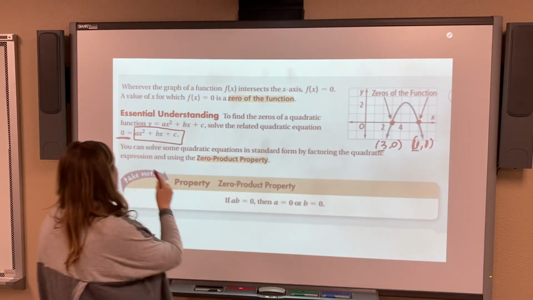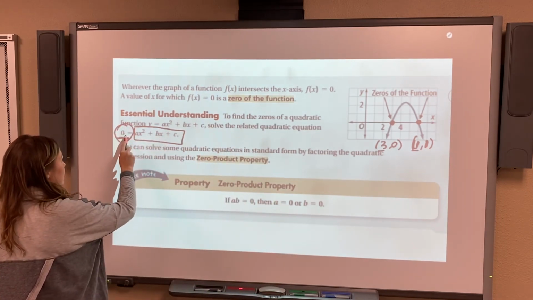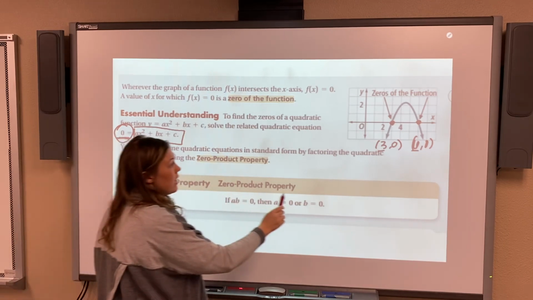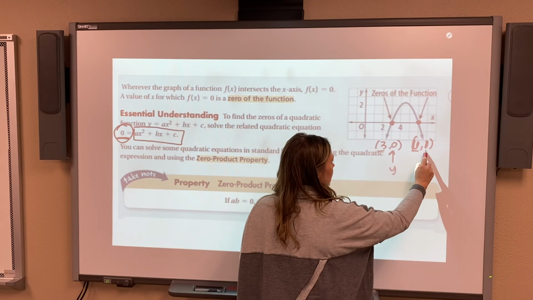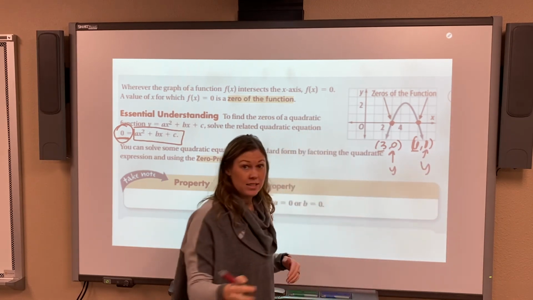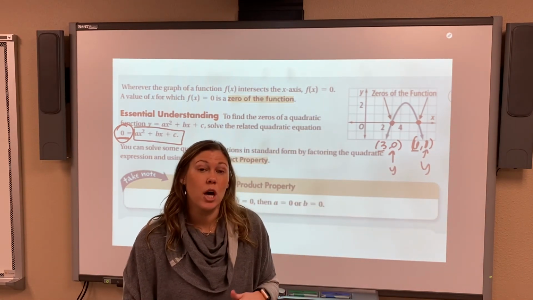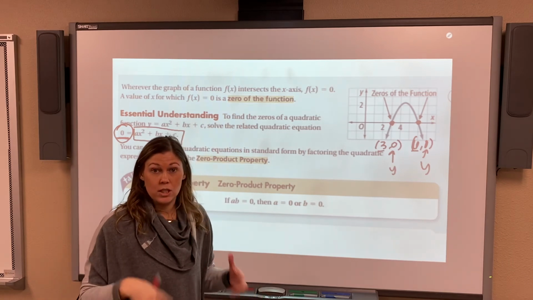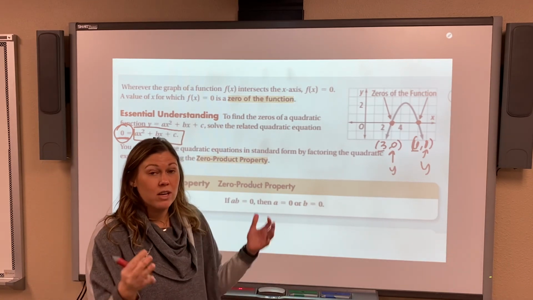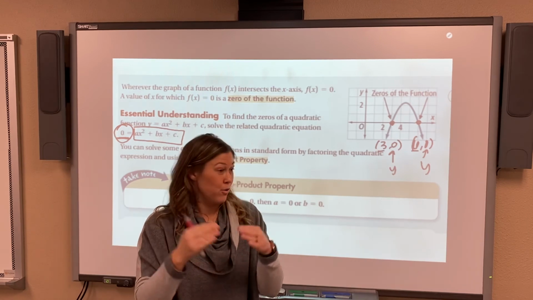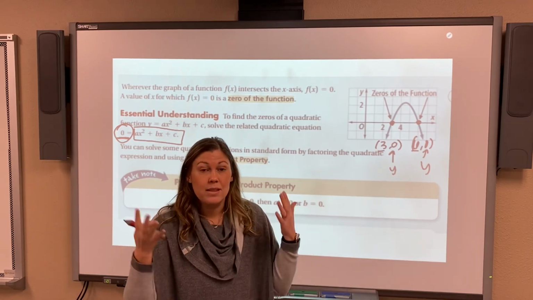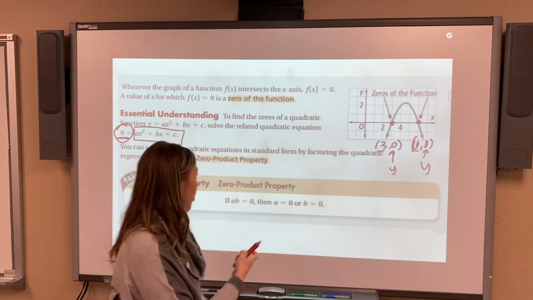But this right here, it has to equal 0 because we plugged in a 0 for y, and both of these points, our y value is 0. Remember, to find an x-intercept, your y value is 0. So if we set our equation equal to 0 and we factor and we solve, we can find our x-intercepts, which are the solutions or the zeros or the roots.